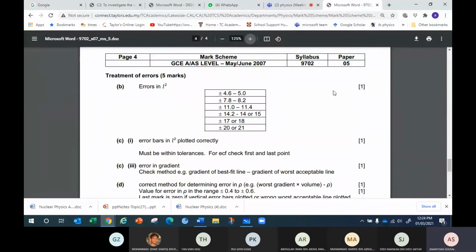One is by using the formula, another is the maximum minus the actual. So it must fall within this range: 4.6 to 5, 7.8 to 8.2, and so on. I hope all of you get this data.